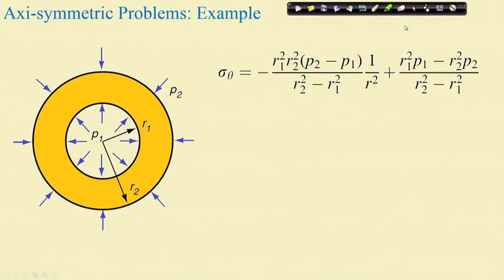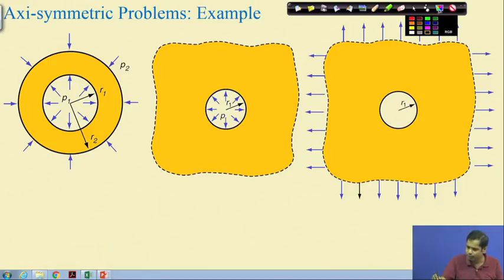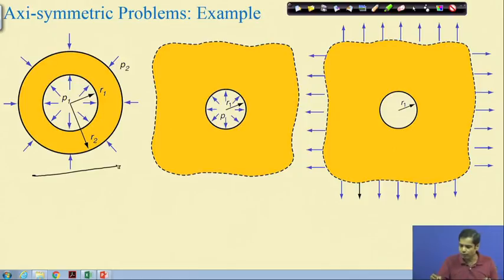Okay. So, now with this, we have a solution for this problem, we have just solved it. Now, next suppose we have a problem like this, where we have an infinite plate of infinite dimension, and then we have a small hole where you have some internal pressure. So, with the solution of this problem, we can obtain the solution of this problem as well.